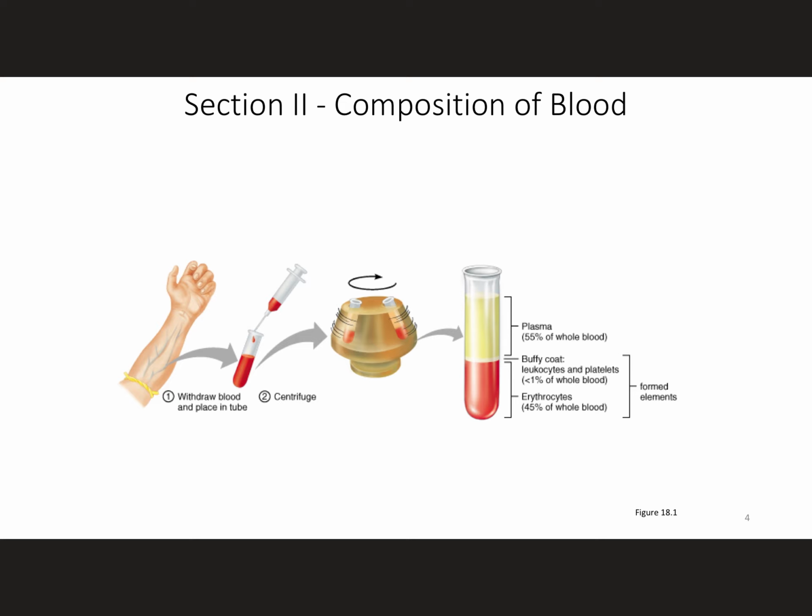If we look at what blood is made of, the easiest way to separate the components is to take a sample of blood, place that blood in a tube, and spin it in a centrifuge.